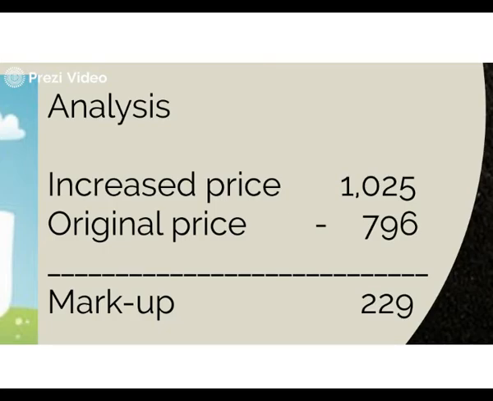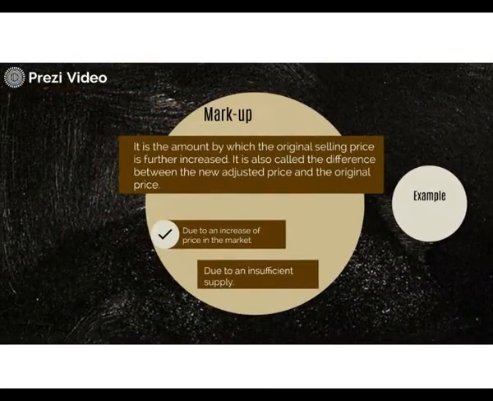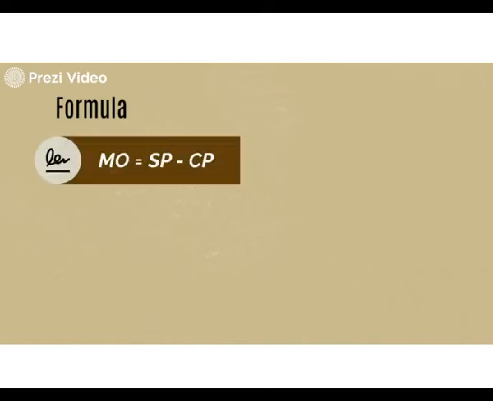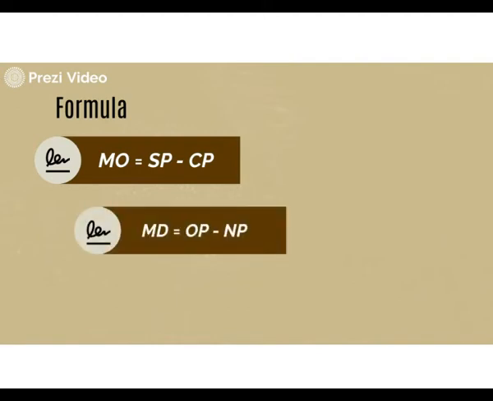To sum up our topic, we have here the formulas for us to easily solve our problems. For mark on, we have SP minus CP, where SP is the selling price and CP is the cost price or cost of production.